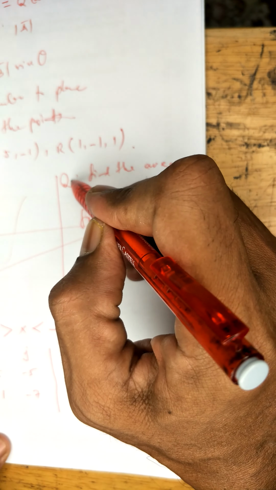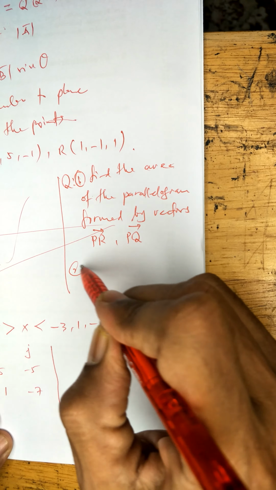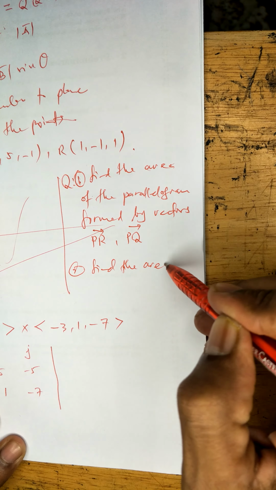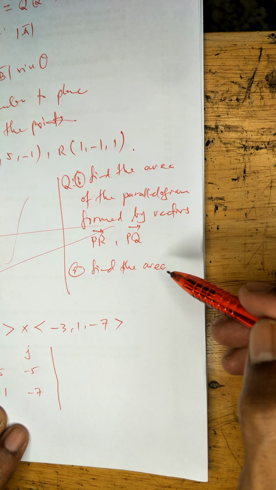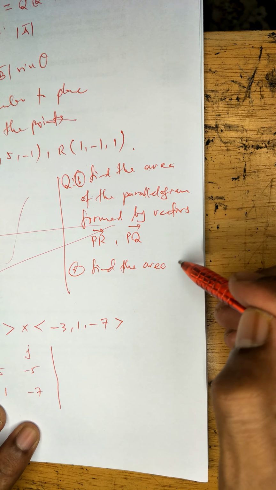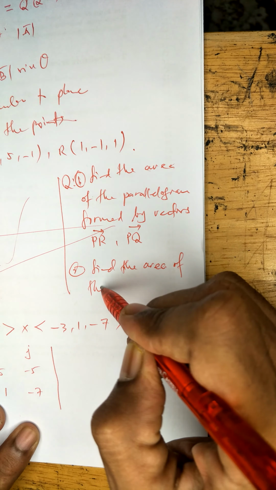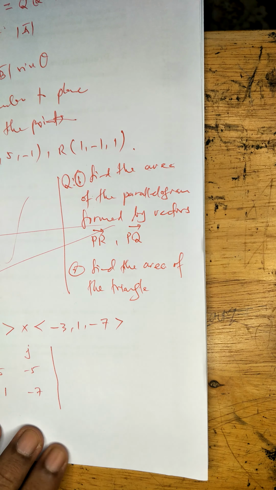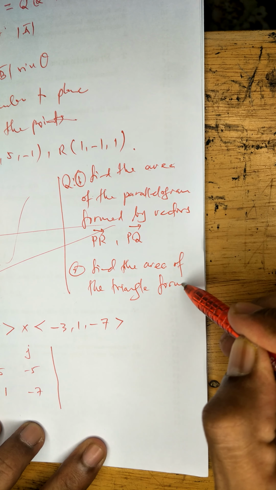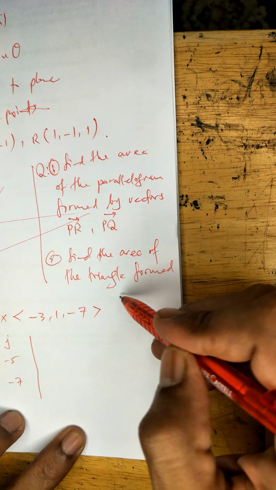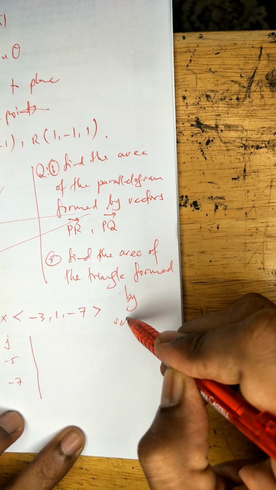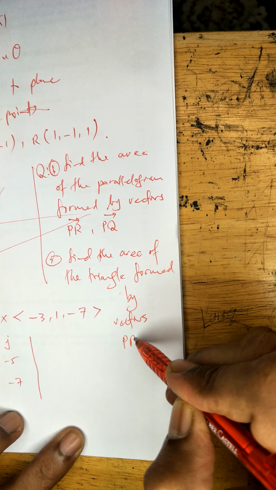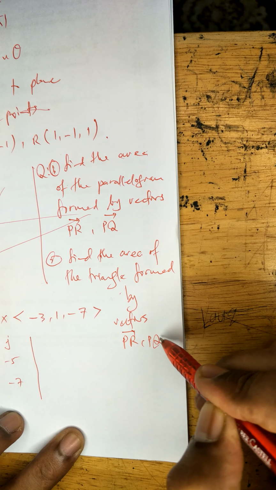And another one: find the area of the triangle formed by vectors PQ, PR.